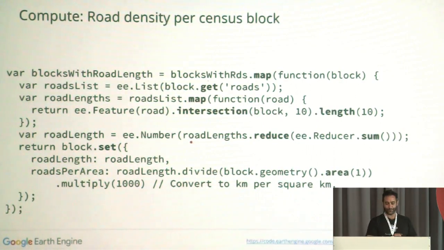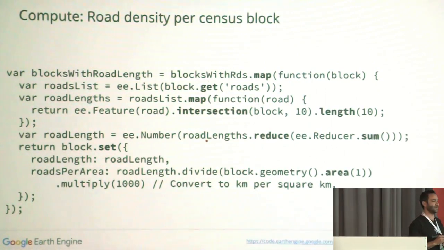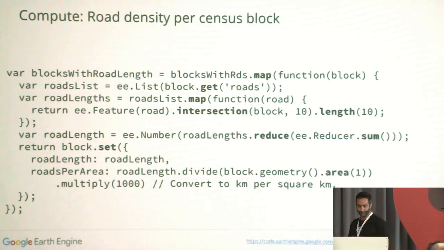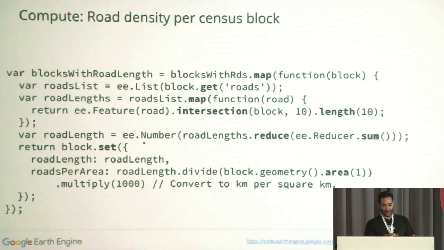And finally, get the sum of all the road lengths. So the result of this is going to be stored in this road length variable. And again, this is the sum of all the road lengths intersecting that block. So total road length per block. Okay? And finally, set that road length just for fun.